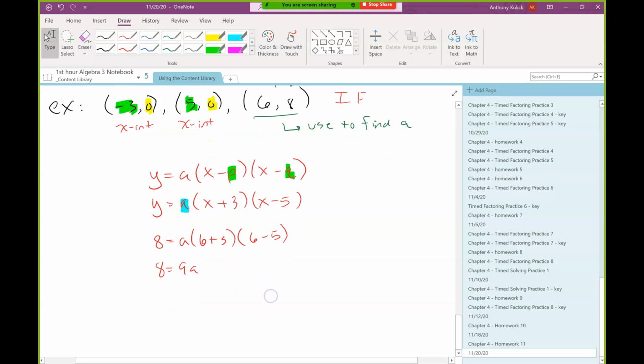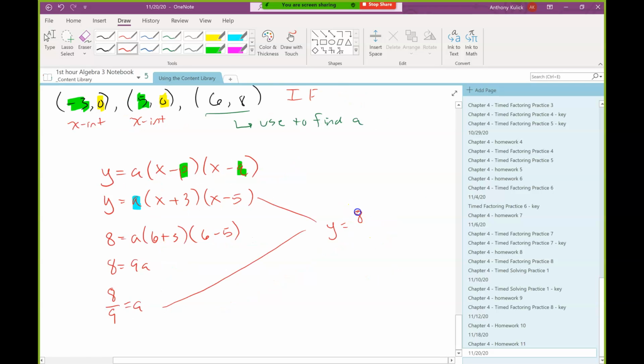So I have 8 is equal to 9a. And then if I just divide both sides by 9, I get that a is 8/9. So if I take these two together, I can say y equals 8/9 x plus 3, x minus 5.